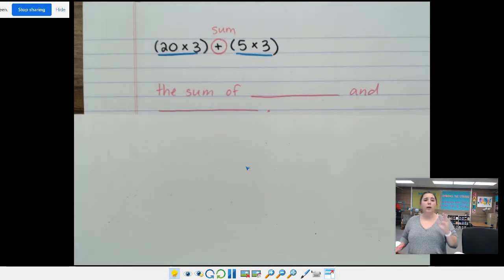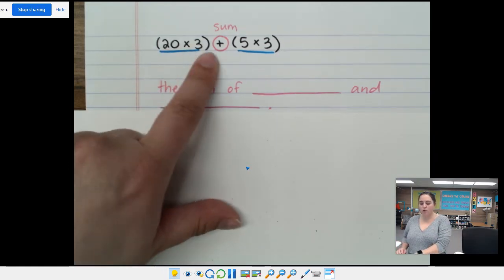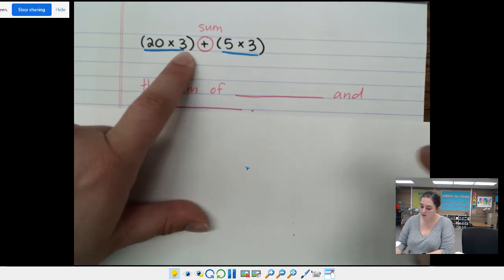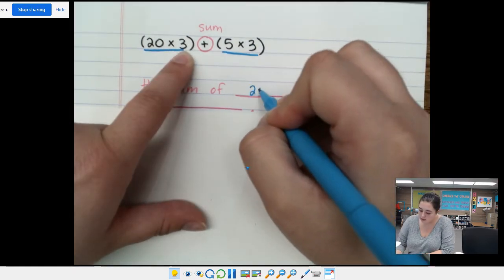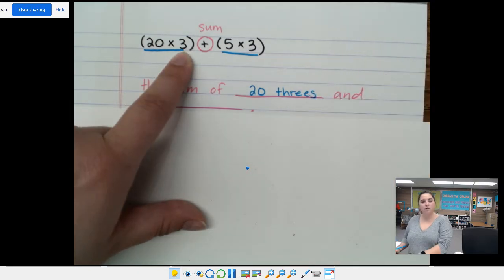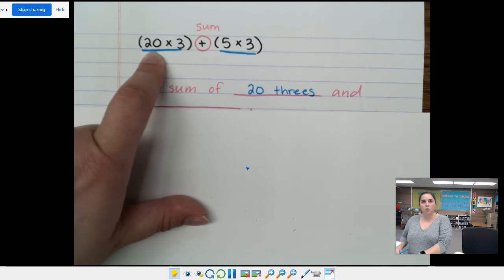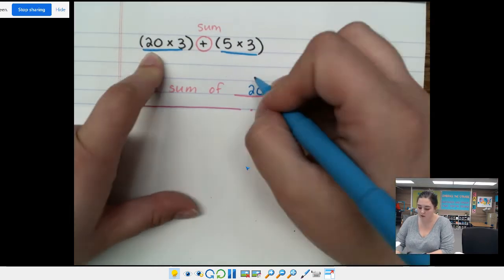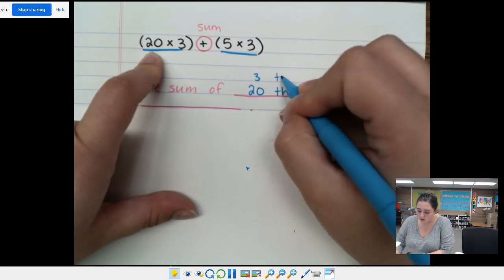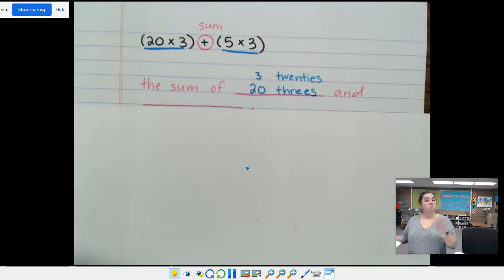There's a couple ways we could write this. One way, I could say I have 20 threes. Can you think of any other ways you could write this? 20 threes, or how about 3 20s? Either of those would work.